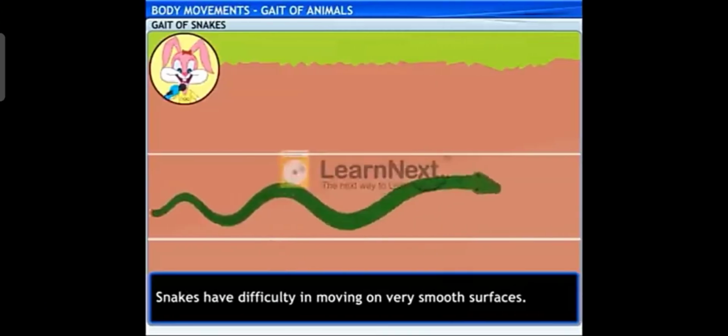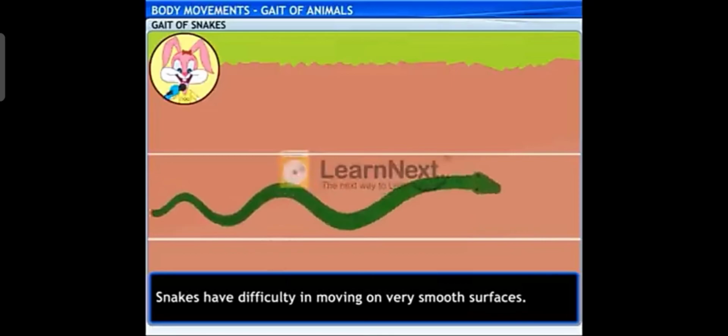Another nature of the snake is that a snake cannot move on a straight or smooth surface. On a smooth surface, it is very difficult for a snake to move. Also, it cannot move on a straight path.